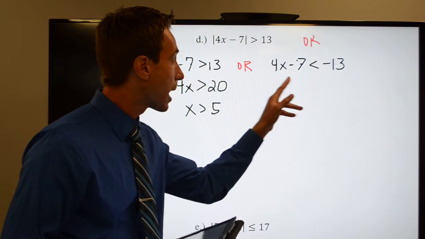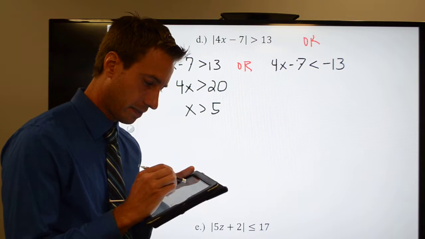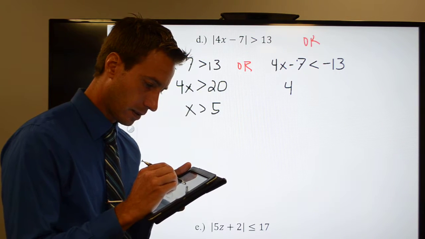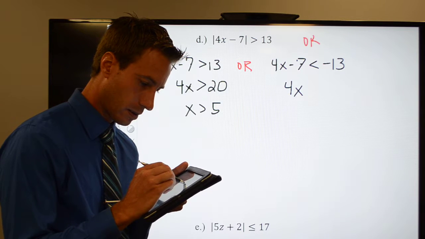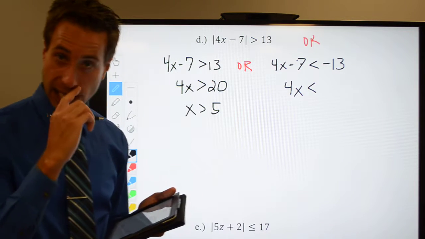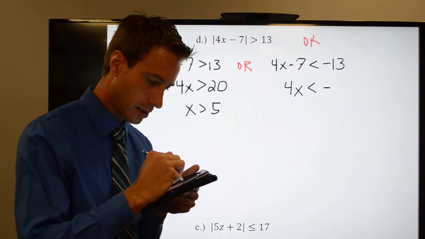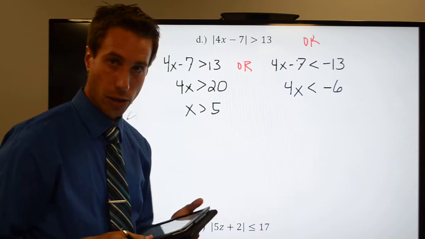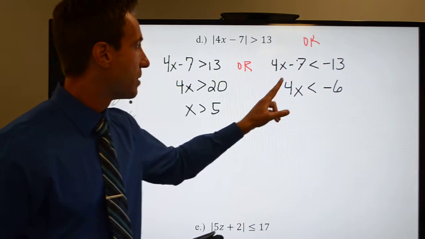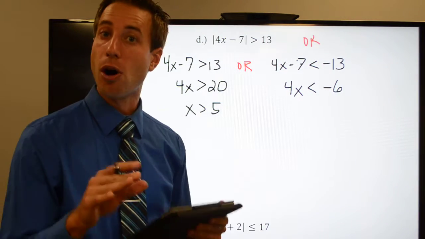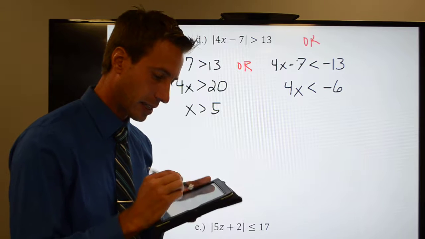All right, on the other side, I'm going to add 7. Now, when I add 7 to a negative 13, I get a negative 6. Double check my work, make sure that that's right. Now I need to divide both sides by a positive 4. I don't need to worry about flipping the inequality.